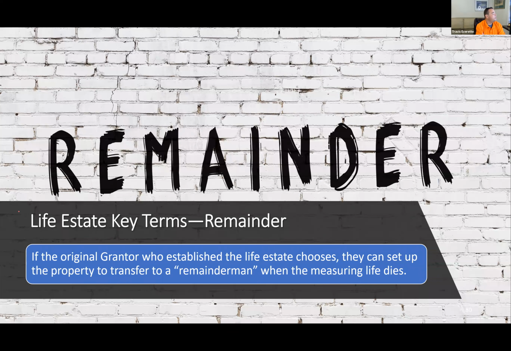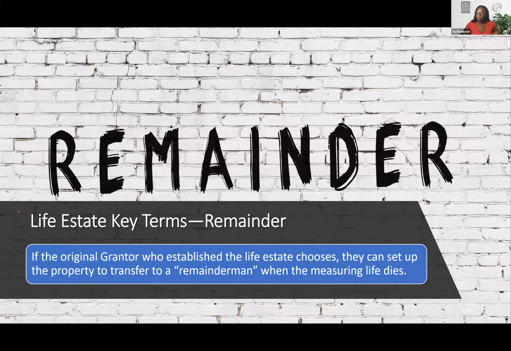How about this one? Michelle has been granted ownership of a 400-acre farm in Cabarrus County until Jonas dies, at which time the farm will go to Howard. Did I give you a remainder interest or a reversionary interest? Remainder.